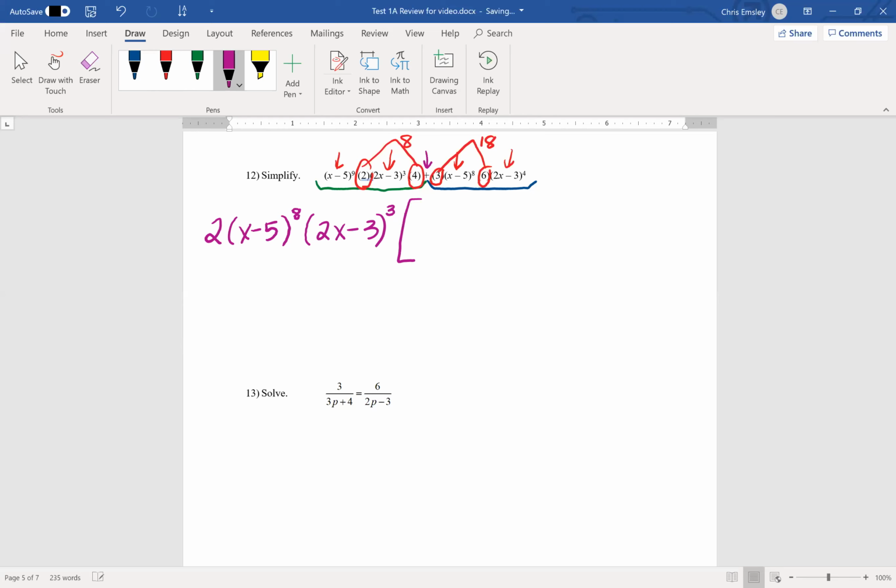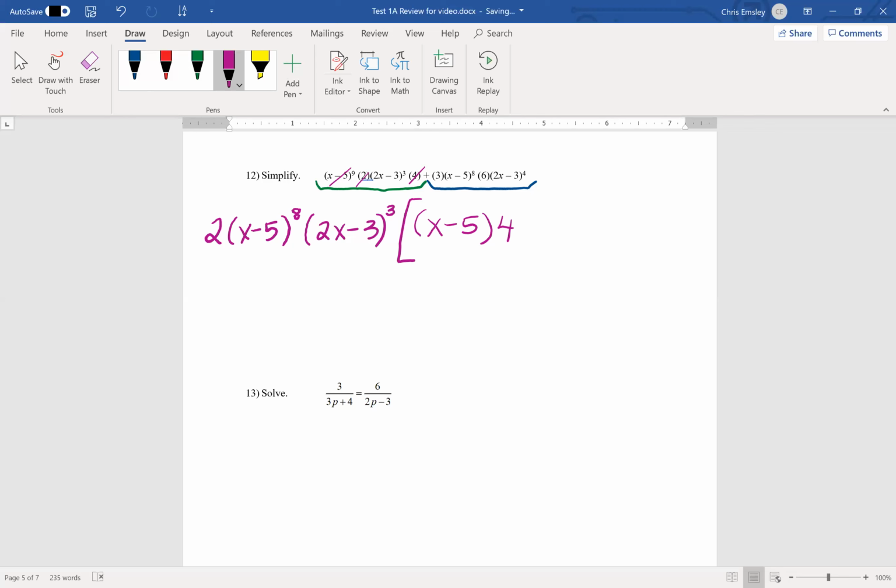Now we need to write our leftovers. So let me clear this out so we can look at this again. From our first term, we had x minus 5 to the 9th. We factored out 8 of those. So there is one x minus 5 left behind. We had 2 times 4, which is 8. We factored out 2. So that means there is still a 4 left behind. And then we had 2x minus 3 cubed.